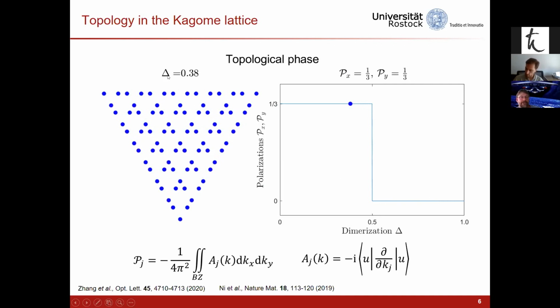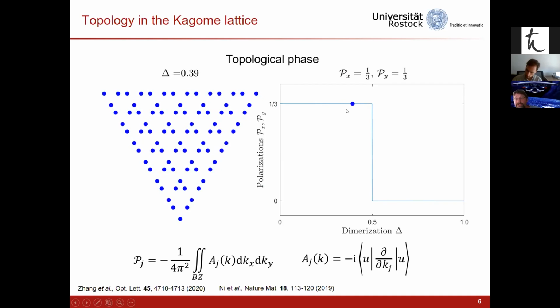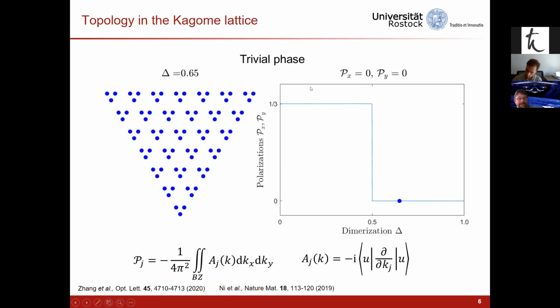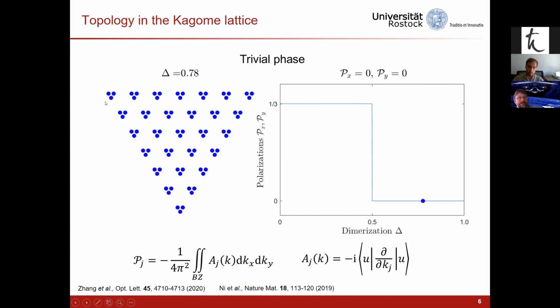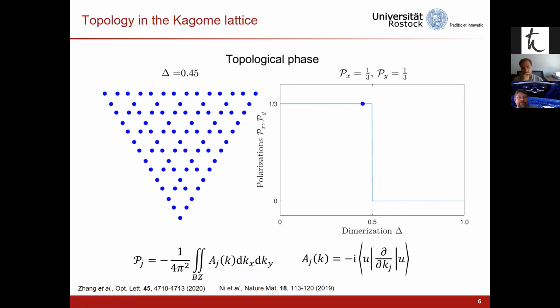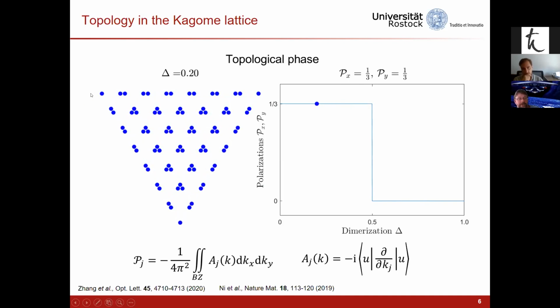And if the dimerization is less than 0.5, you see here these isolated waveguides like in the SSH model. And then both polarizations are 1/3, denoting the topological character of the underlying lattice. Now, so this is how you see it. So now it's trivial, you have a trivial edge. And again, if you decrease the dimerization and you reach 0.5, then it jumps to 1/3, and then you see here the isolated, topologically non-trivial edge.